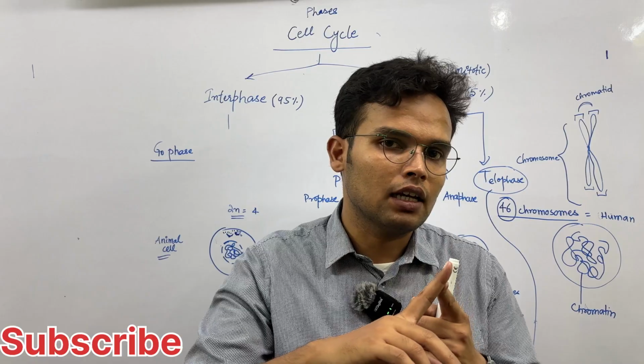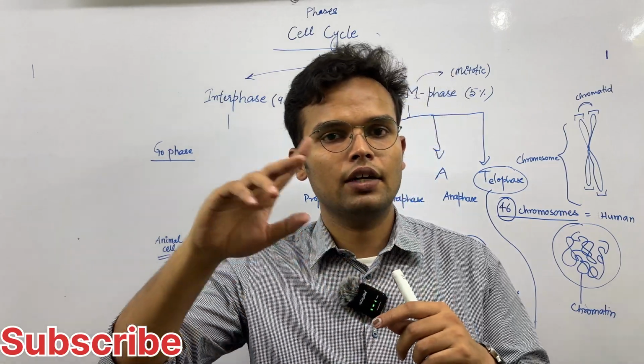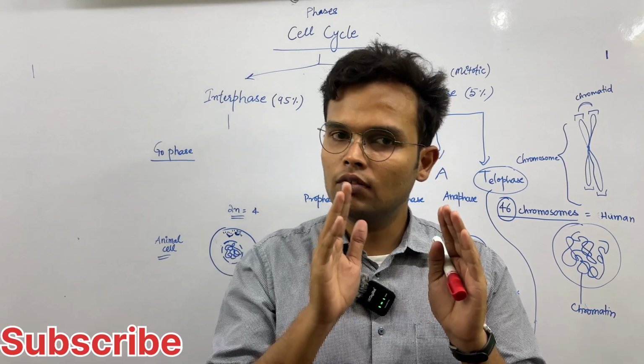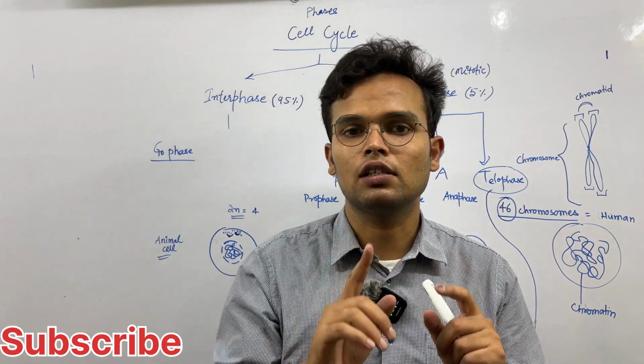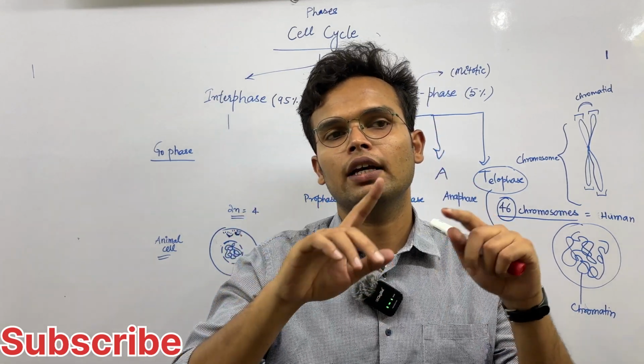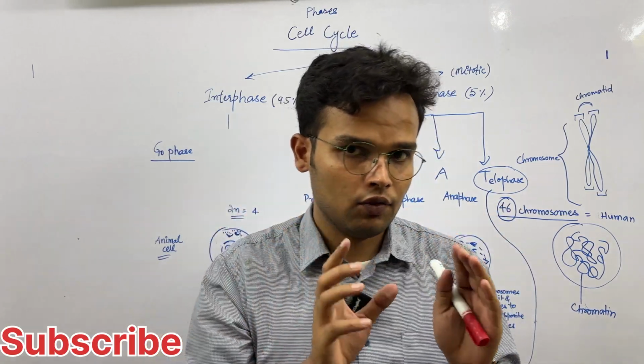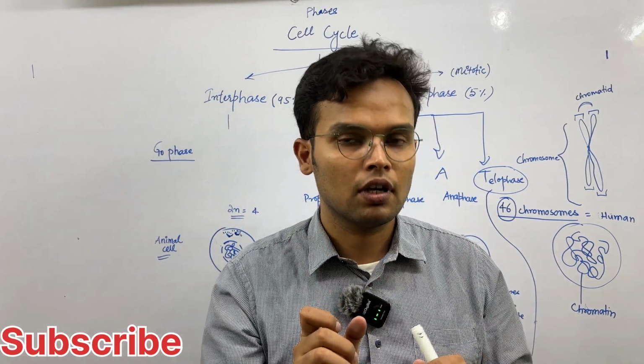Now that cell will have its own function, like now two daughter cells are getting formed, and these two daughter cells will get incorporated to form different types of cells. That's what we call differentiation.